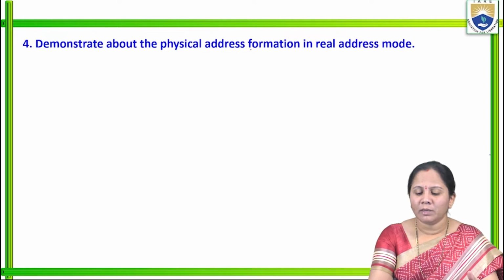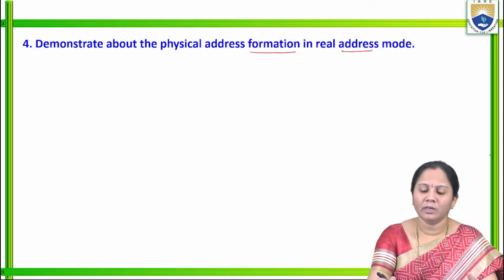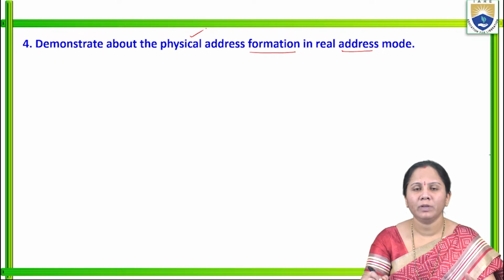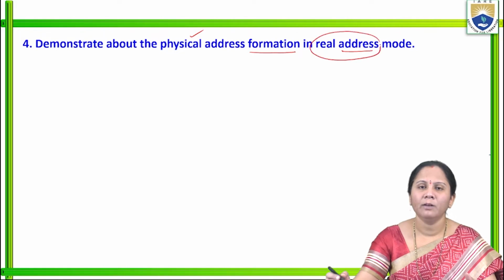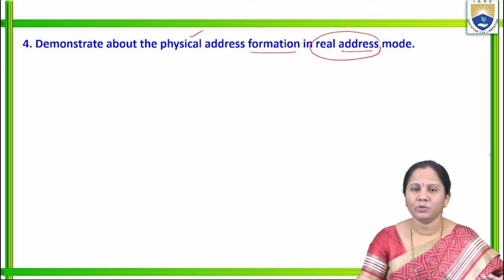And next demonstrate about the physical address formation in real address mode. So here we have to say how the physical address will be calculated when the advanced microprocessors are operating in this real mode. So generally when the advanced microprocessors are reset, they will simply act as 8086 microprocessor.